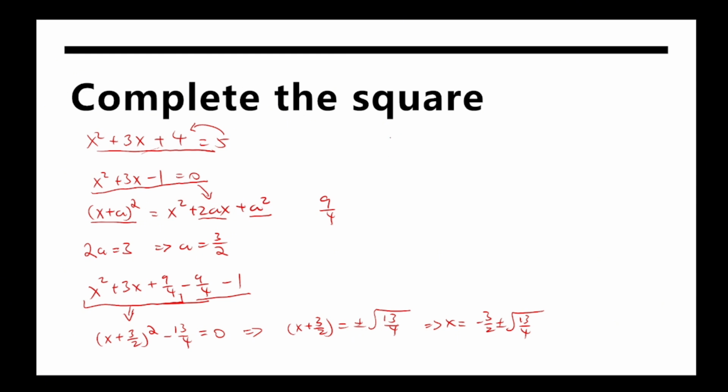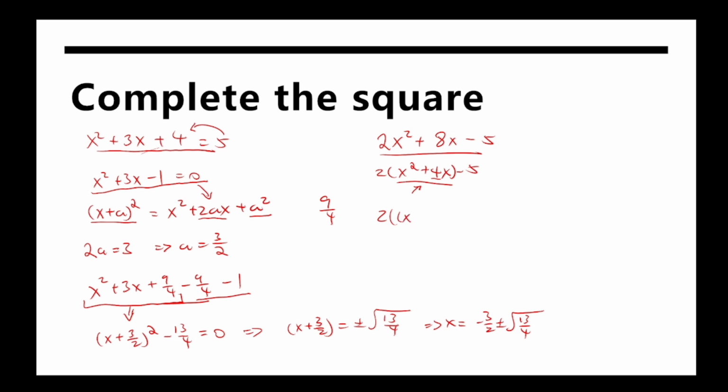And you can see other expressions where x squared has a coefficient, like 2x squared plus 8x minus 5. Here, you'll take out the 2, making it 2 times x squared plus 4x minus 5. And then do completing the square here. So we know that a is 2 because 2a is 4.